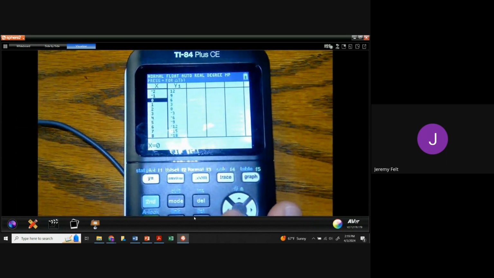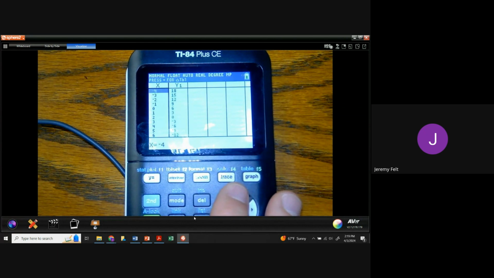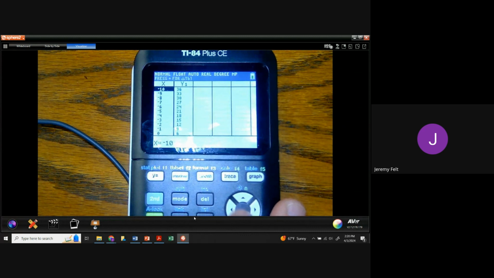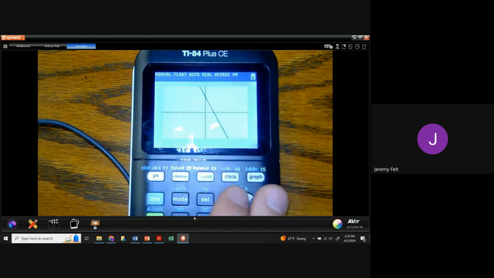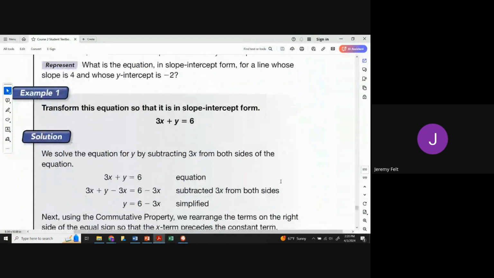We did 0, 6, we did 1, 3, we did 2, 0, 3, -3, and so on. So we keep going all the way. The positive thing would be we can go past where x equals 0 and make x negative and find points all along there. So this makes it really easy. Once we have it graphed in the calculator, there's a lot of different things that we can do with it. So that's where y equals mx plus b form is really handy.